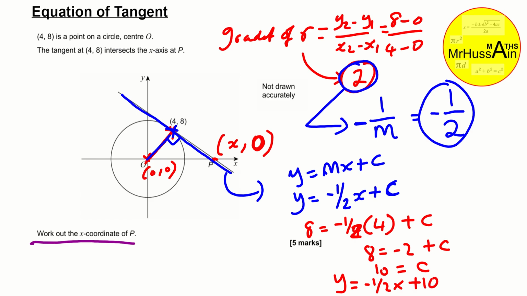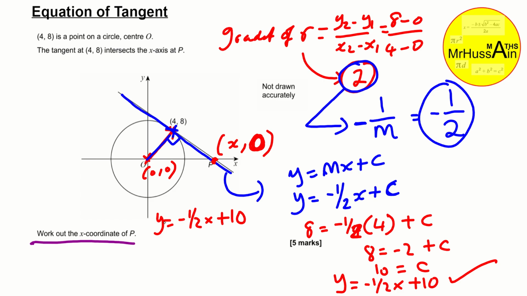You've pretty much got 4 out of 5 marks already by doing the equation of the tangent. Now remember what I said, because you now have the equation of the tangent, if you now know the y coordinate is 0, if you substitute that into the equation of tangent, it will give you the x coordinate. So let's do that. Y equals minus a half x plus 10.